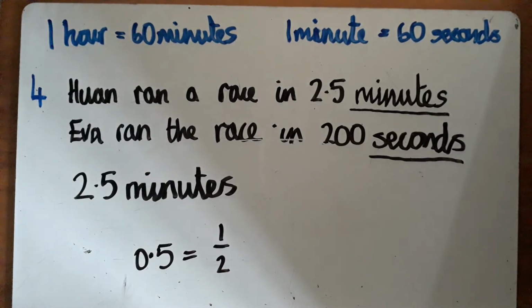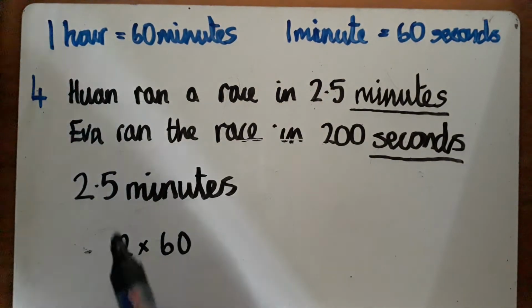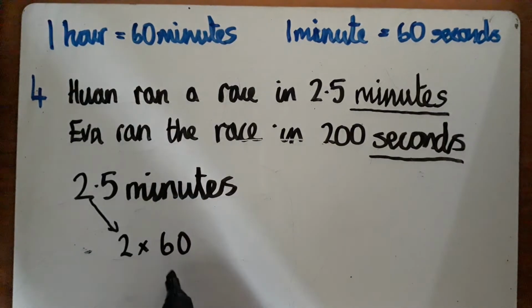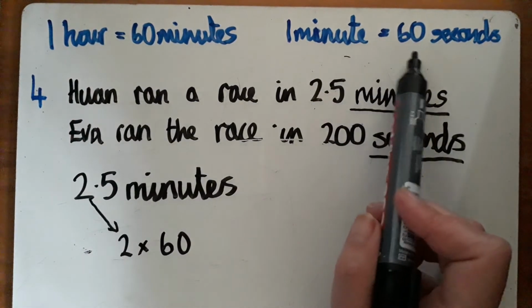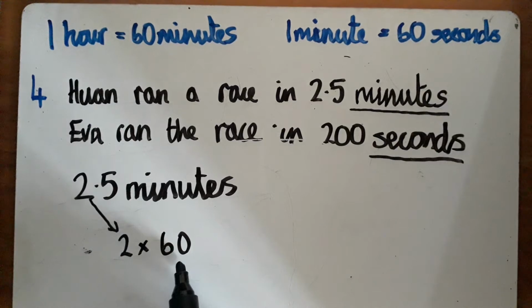So we start off by doing our 2 minutes, that's where the 2 comes from, and we're going to multiply them by 60, because we know in 1 minute there are 60 seconds. So we need to do our 2 minutes times 60, and the 60 is the 60 seconds.